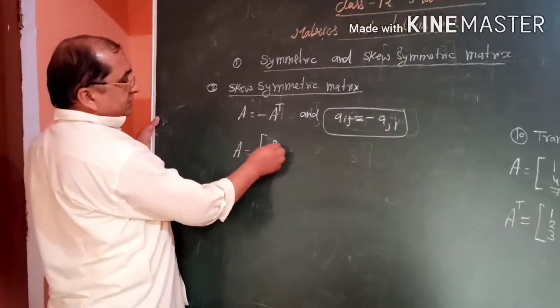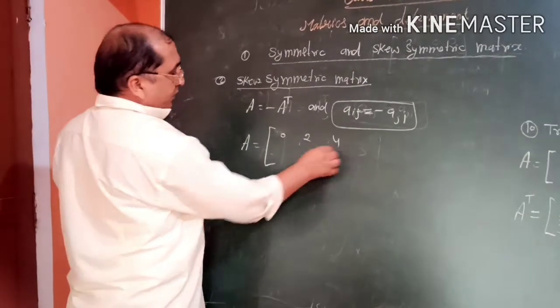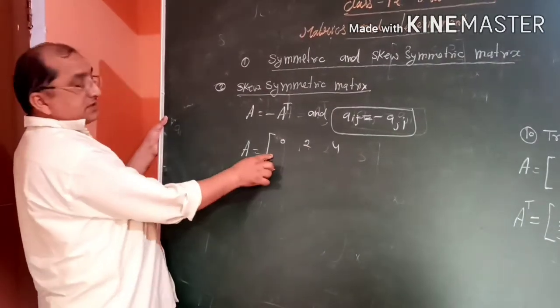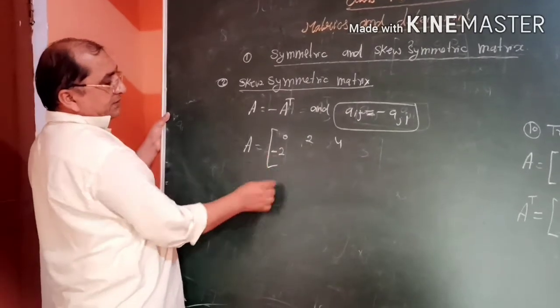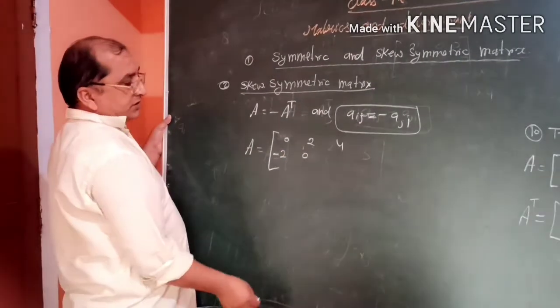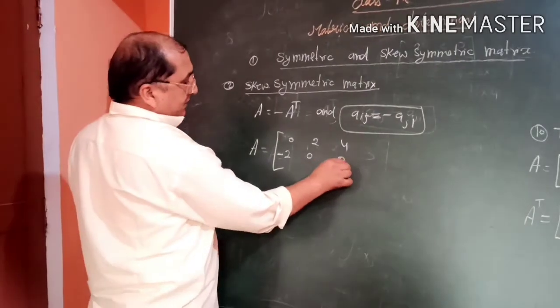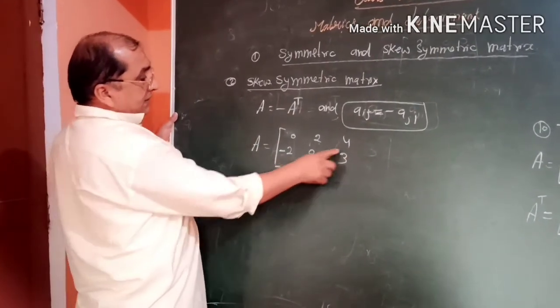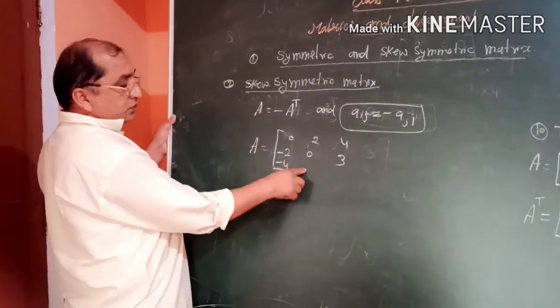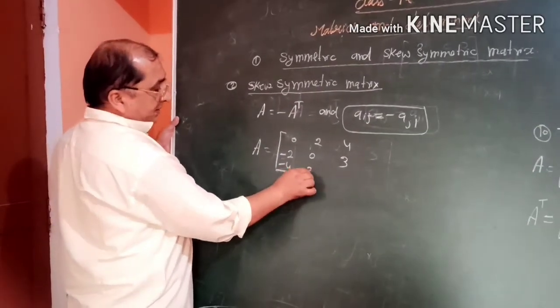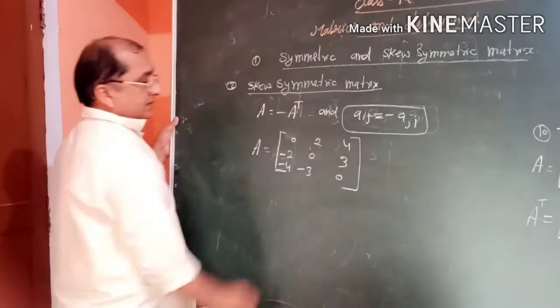Now see, suppose this is 2, and this is 4, then A12 and A21 will be 2 but with a negative sign. Suppose here 3, and this is 4, so this will become minus 4, and this 3 will become minus 3, and this is 0.